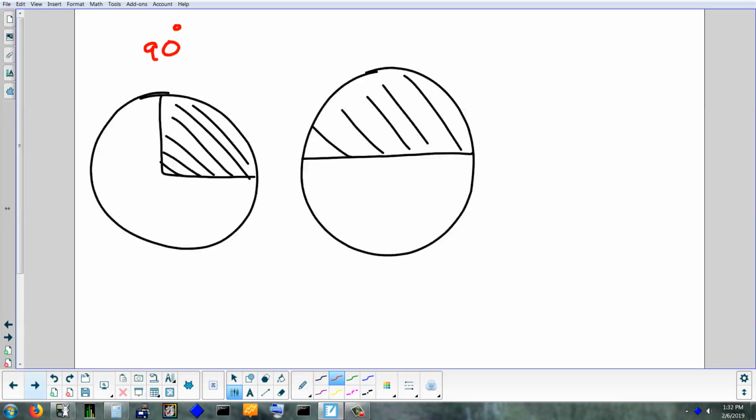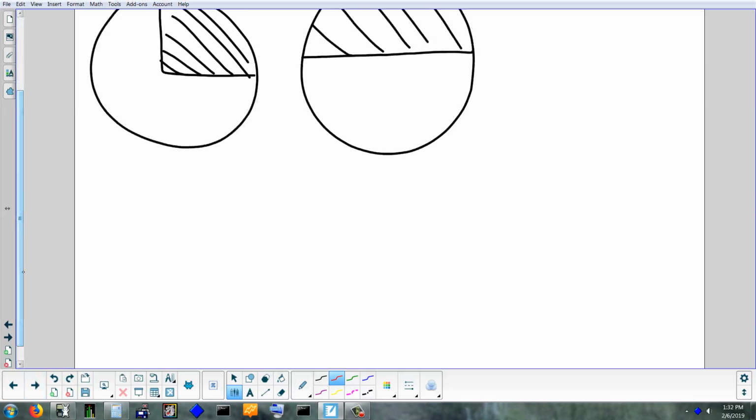So when you have a 90-degree angle, how much of the circle does it take up? That's a quarter. So 90 degrees is a quarter circle. What was the angle in the second one? That was a 180. How much of the area is covered in that one? A half. So 180 covers half the circle. Well, let's take it a step further.